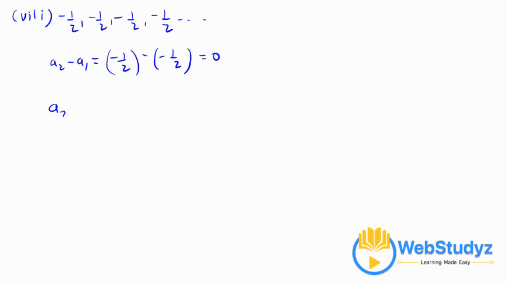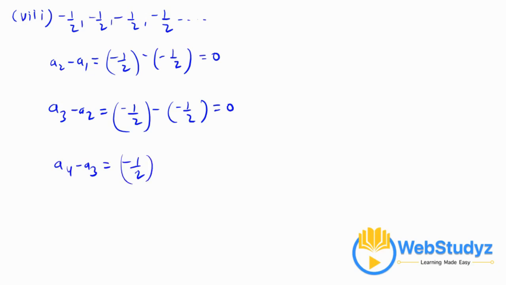Again checking common difference, which is A3 minus A2, which is equal to minus half minus of minus half, which is again 0. So checking common difference, which is A4 minus A3, which is equal to minus half minus of minus half, which is again 0. So we can say that the common difference D is the same everywhere.